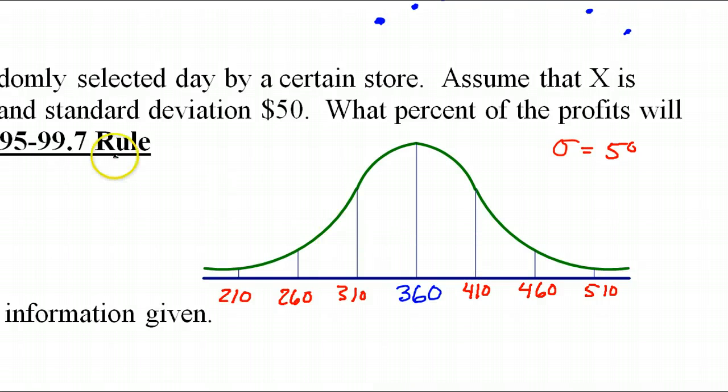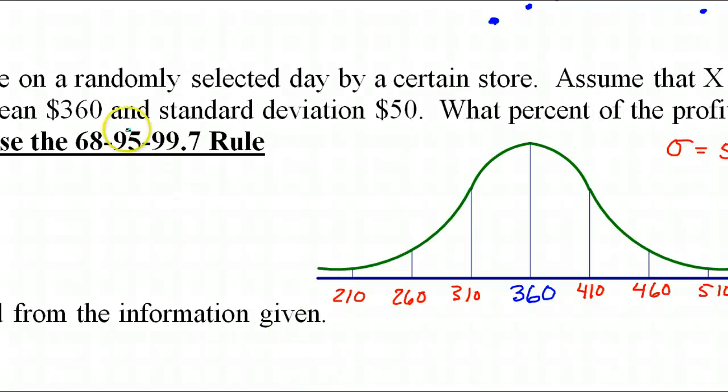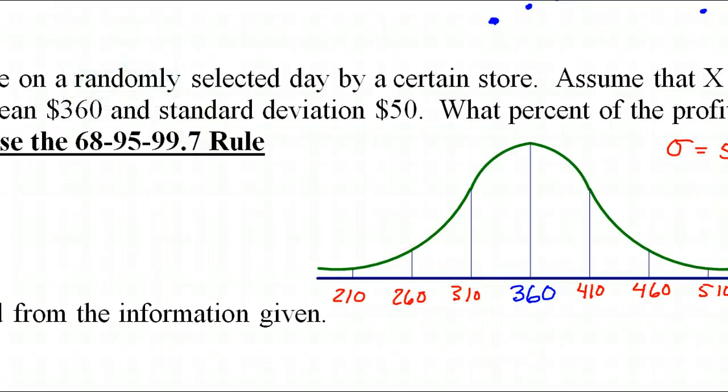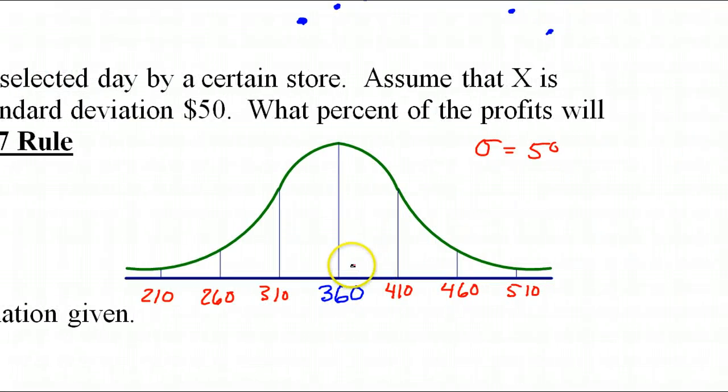Now, the empirical rule that they are suggesting here with the 68 and all that, we memorized the percentages in each one of these sections. So we know, for example, that between 360 and 410, this is 34% of the data. And that's the same thing over here, 34%.